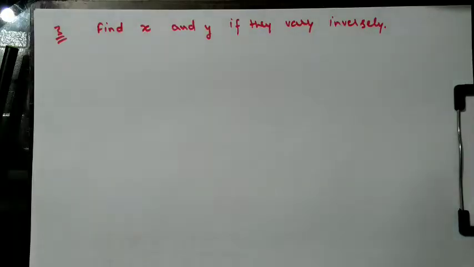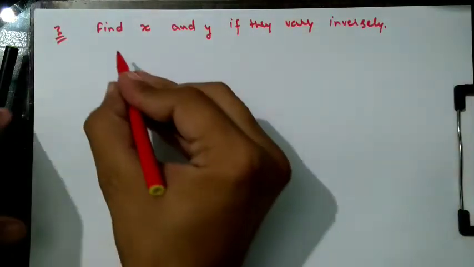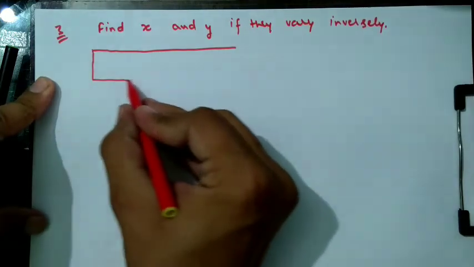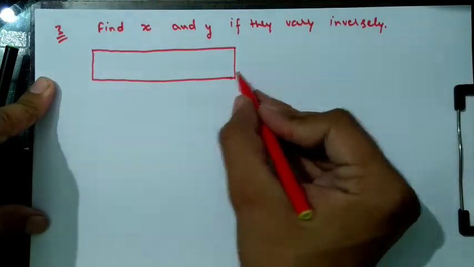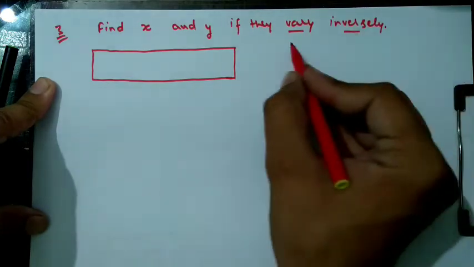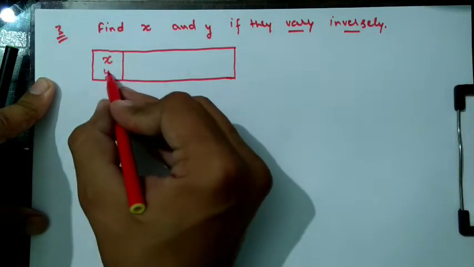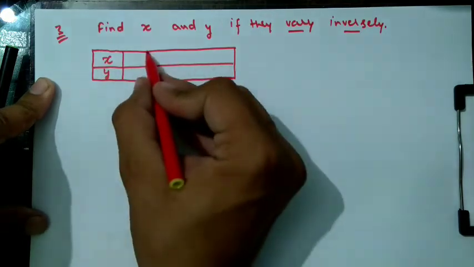So now class we will do a block question regarding the inverse variation. In this question we have to find the value of x and y again, but in this portion they are saying that the value of x and y is varying inversely, right?